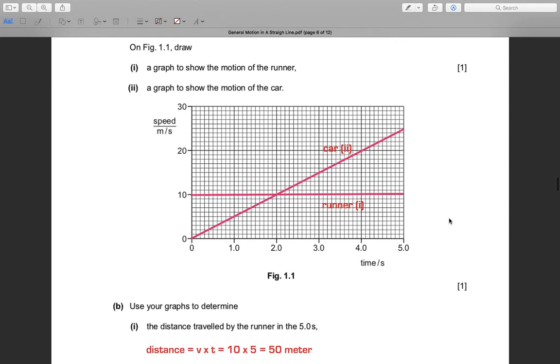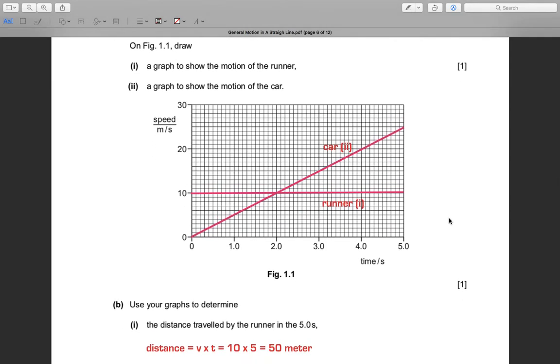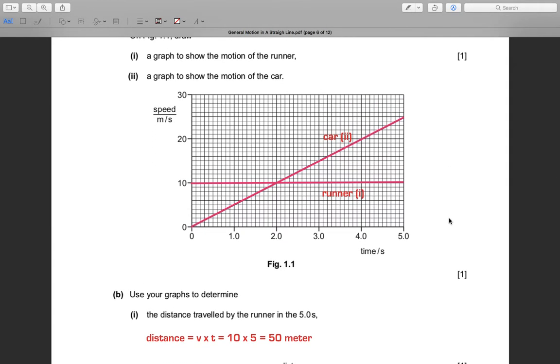Continue with the other question. B: use the graph to determine, one, the distance traveled by the runner in 5 seconds. Because of the constant speed, the distance equals the area below the graph.